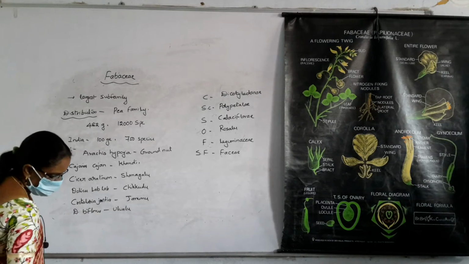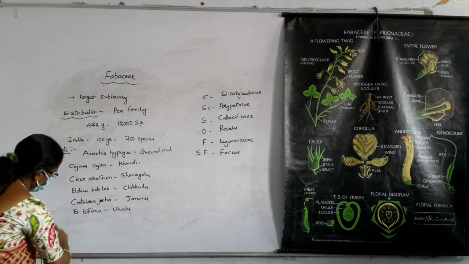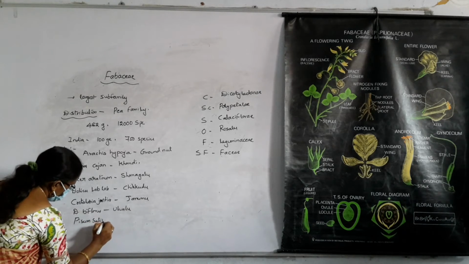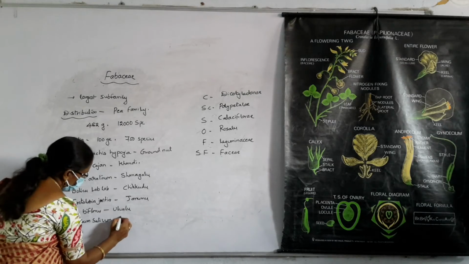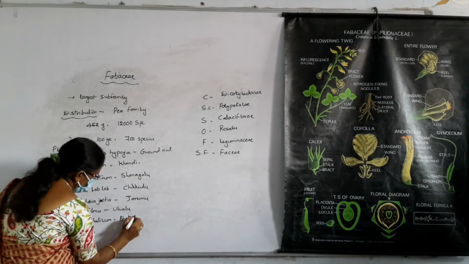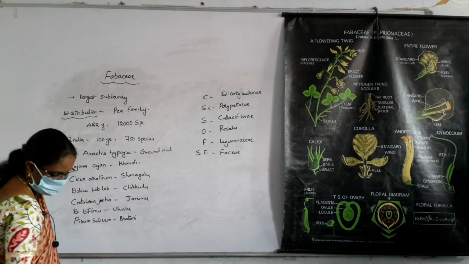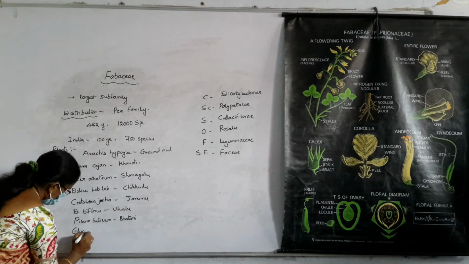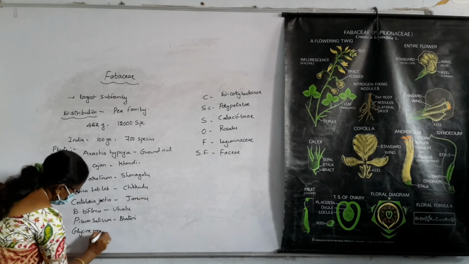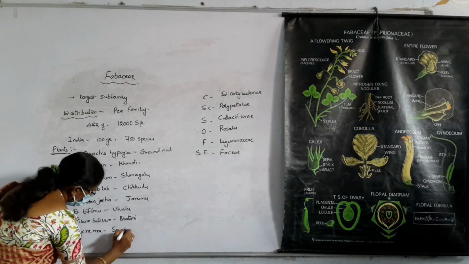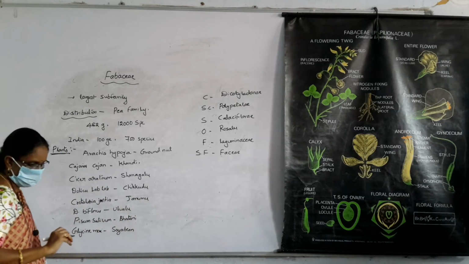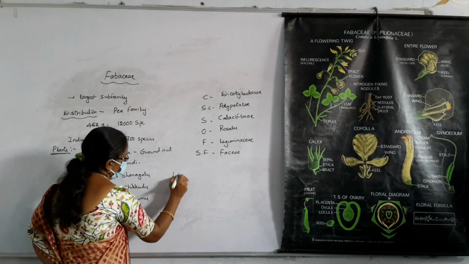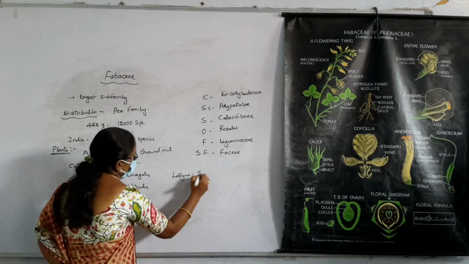Next is Pisum sativum, the garden pea. And Glycine max, soybean. And Lathyrus, sweet pea.